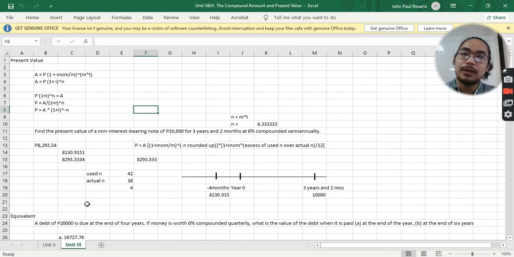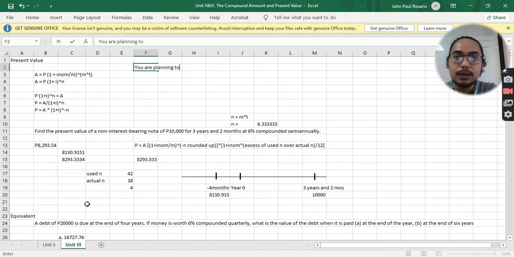Okay? So, for example, you are planning to buy a land worth 100,000 5 years from now.